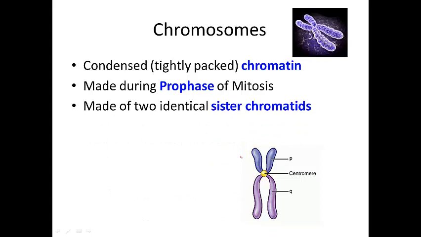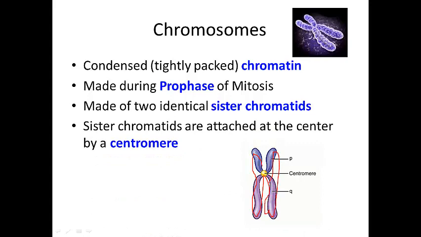Chromosomes are made of two identical sister chromatids when they're replicated. So one of these is a sister chromatid and one of these is a sister chromatid. They are attached to each other by what's called a centromere. This is represented by this yellow dot right here. This is holding the two together, and these two sister chromatids are identical.